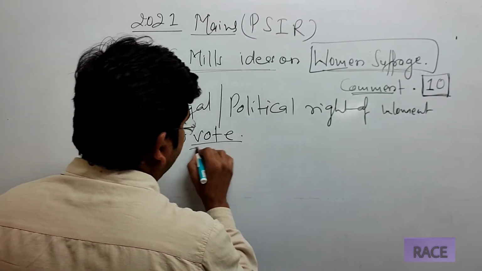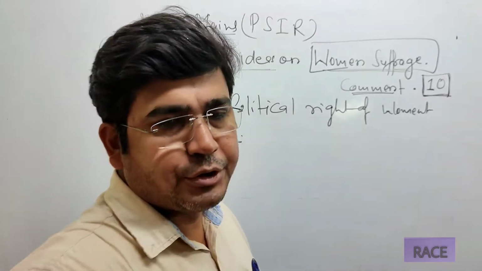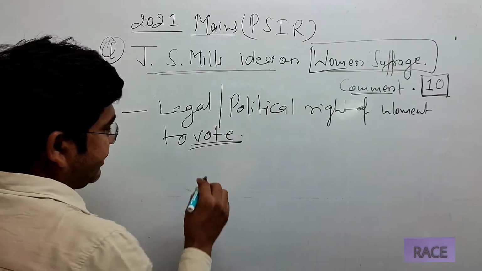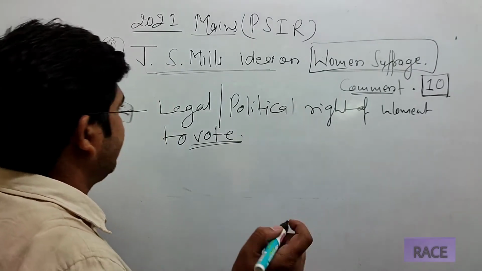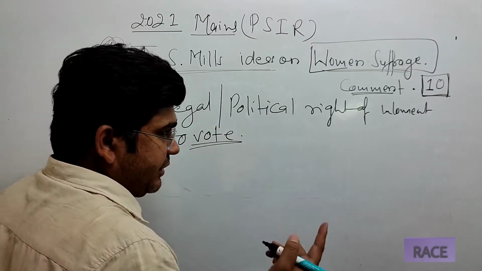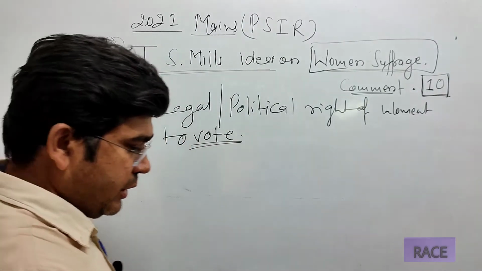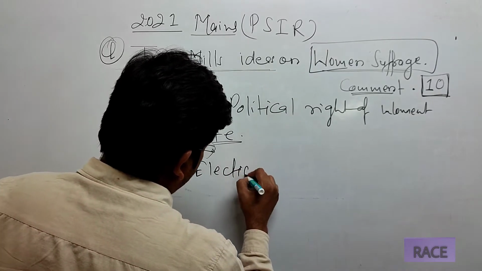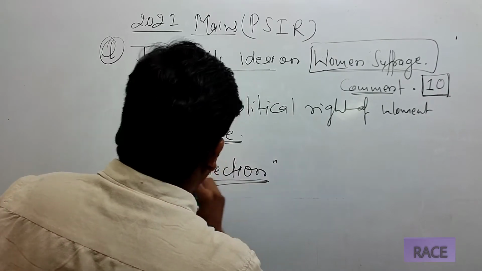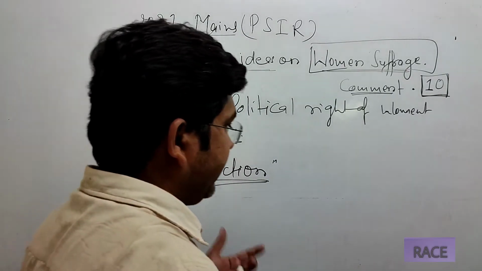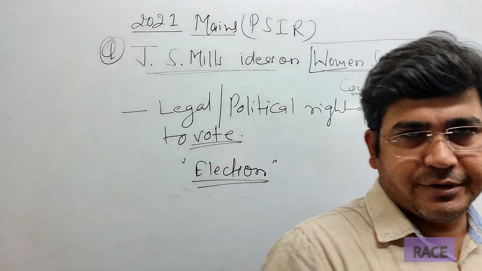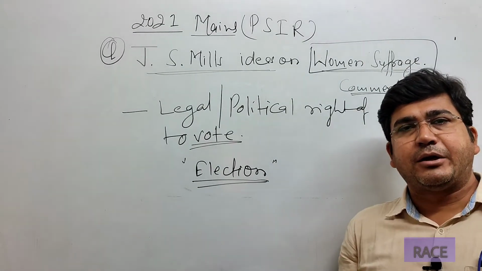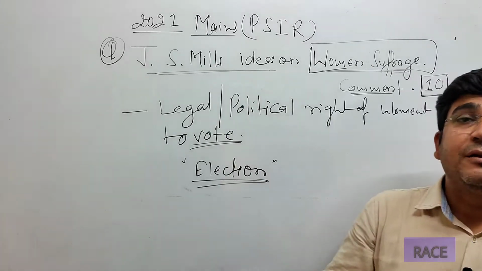Like this, the right to vote or franchise, as we call it, has importance in a democratic setup. In functional democracies, we know that the election process is very important. In the election we exercise our right to elect our representatives, who are going to make laws for us under which we would be governed.